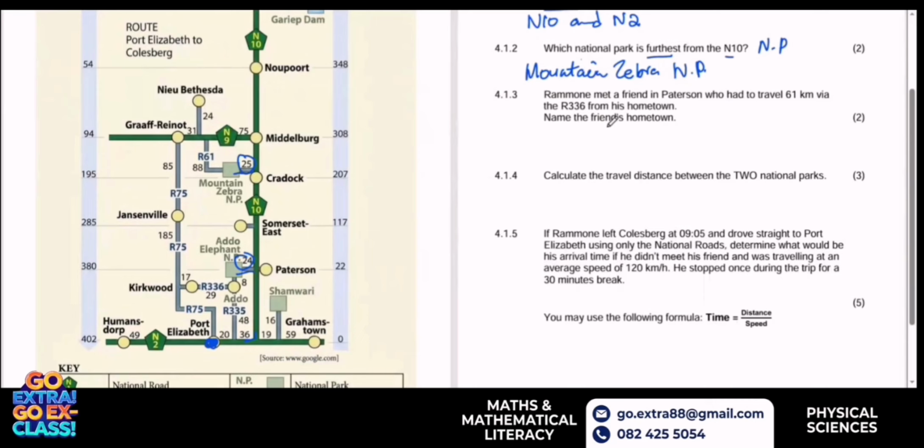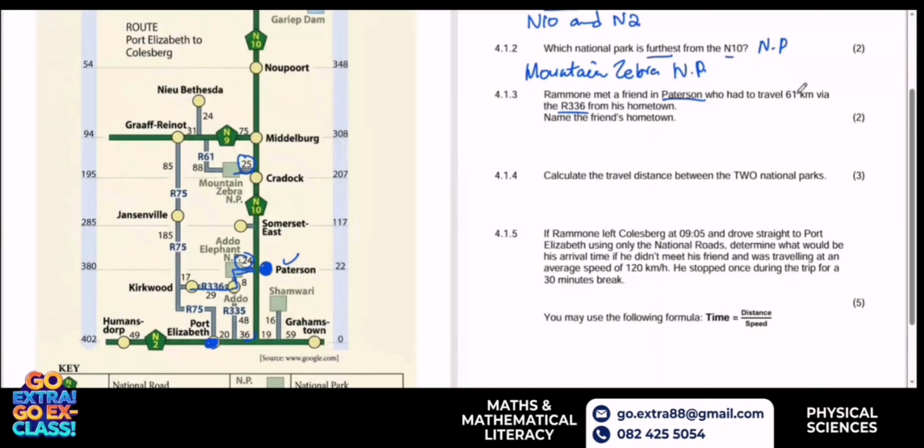Where did he meet the friend? At Peterson. Here's Peterson. He met his friend at this point, and he has to travel via which route? He needs to go via this route, which is the R336. This is the road he needs to take.